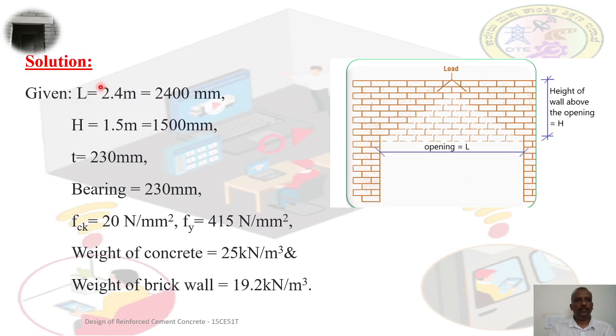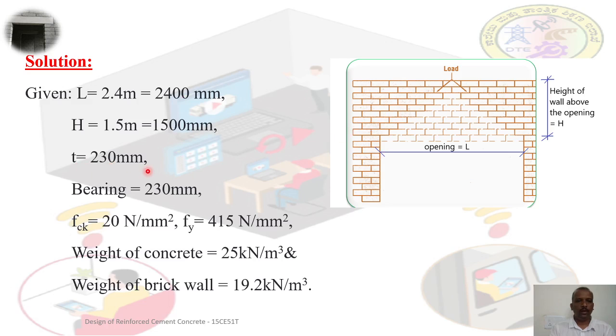So the given data, as we saw in the problem: the span is 2.4 meter, and the height of the wall above the lintel, from here to here, is 1.5 meter, and the thickness of the wall is 230 mm.